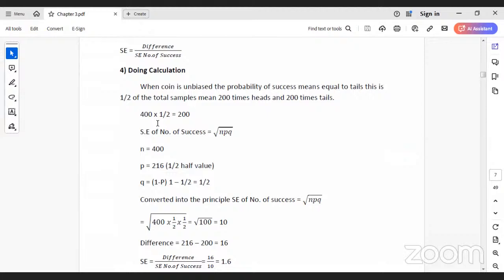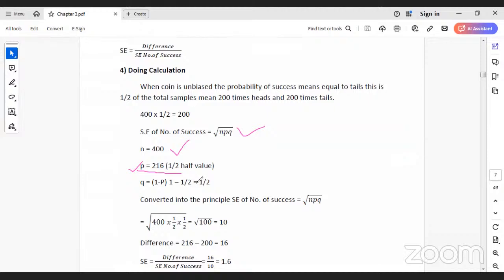Here, listen carefully. Standard error of number of success is equal to under root NPQ. This is the formula. N is equal to the total number of times the coin is tossed, that is 400. P is equal to probability of success, 1 by 2. Q is equal to 1 minus P, that is 1 minus 1 by 2, so 1 by 2.